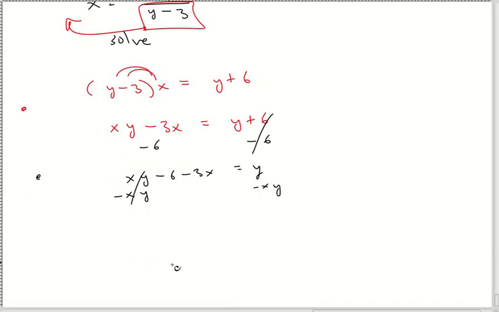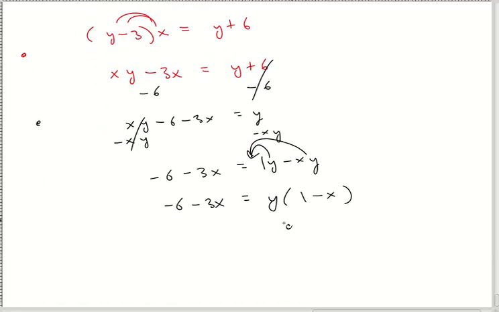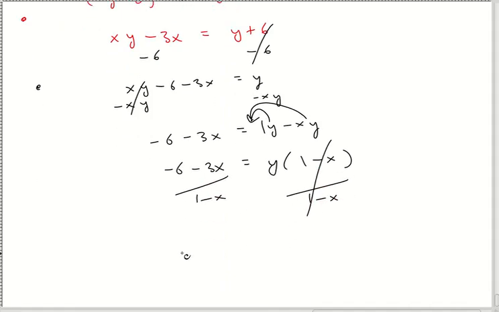Who knows if I'm doing this right? Notice that I have y's on one side now. What I'm going to do is factor a y out from both of those to the front right here. They both have a y. Remember, this is a 1y, so I leave a 1 behind. And I want y by itself. I'm so close, I'm going to divide this to the other side. And we finally have our answer.